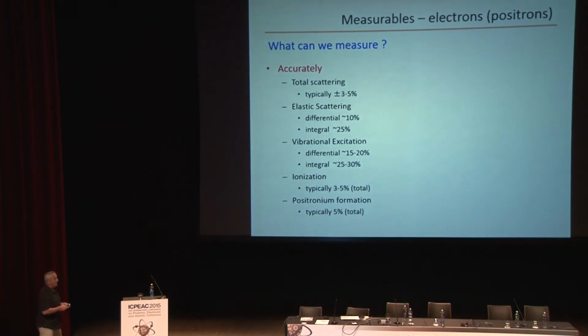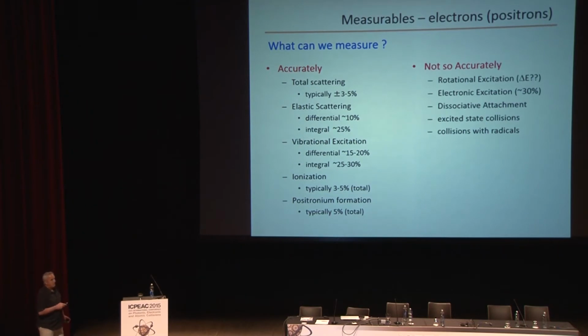Okay, so for electrons and positrons, very quickly, what can we measure and how well can we do it? The things that we can measure accurately, and by accurate I mean up to 25 or 30% uncertainty, are these scattering events: total elastic scattering, vibrational excitation, ionization, and positronium formation in the case of positrons.